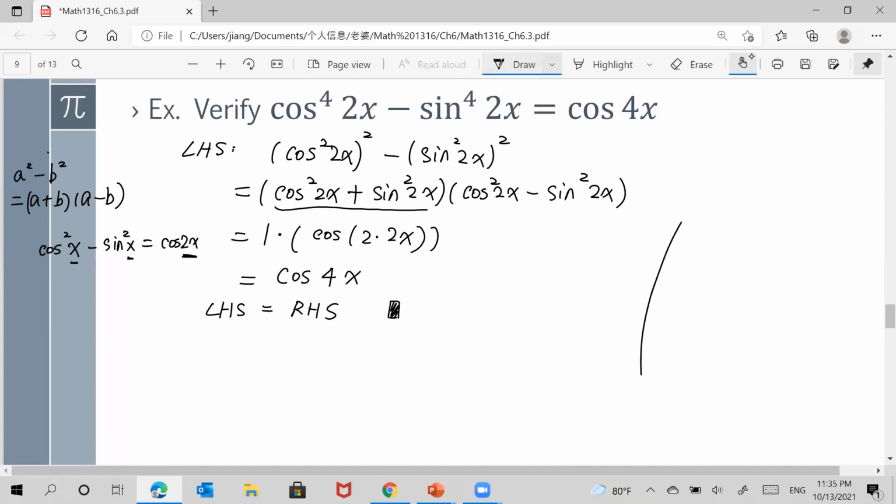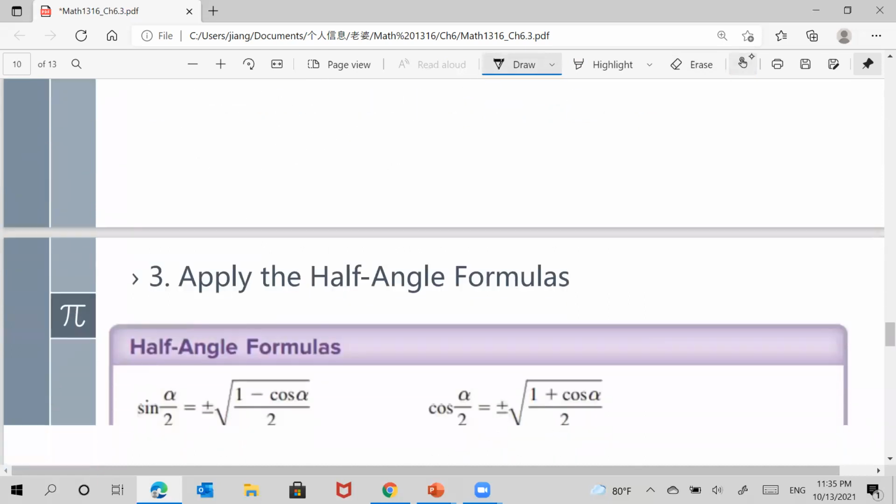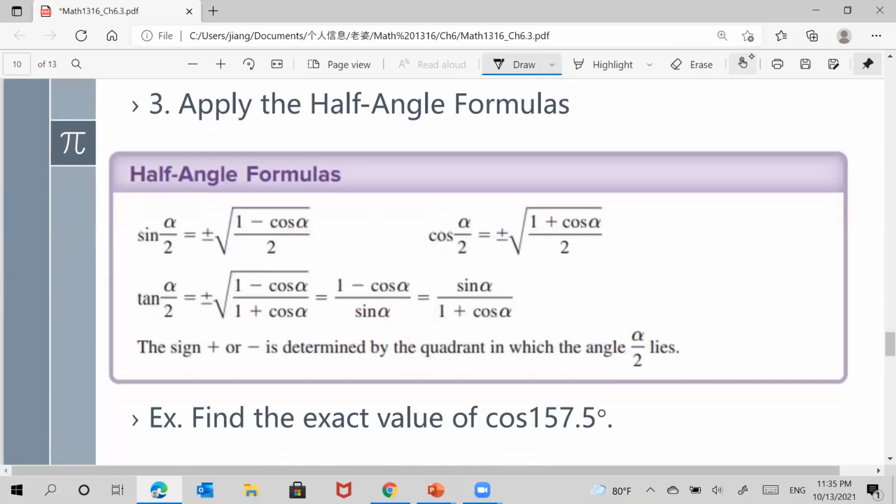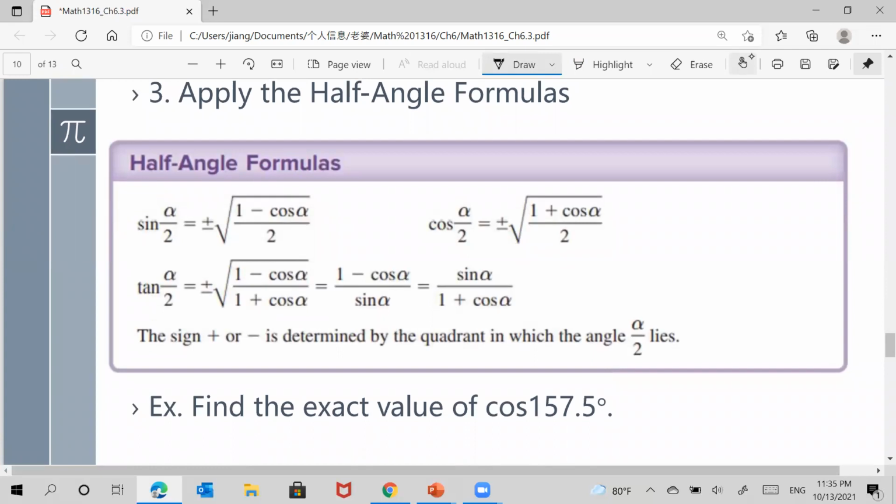Okay, let's move on to see next question. Apply the half angle formula. So pause the video and use a scratch paper to practice all of these half angle formulas. Actually, you will feel very familiar about this half angle formula because do you still remember the power reducing formula?